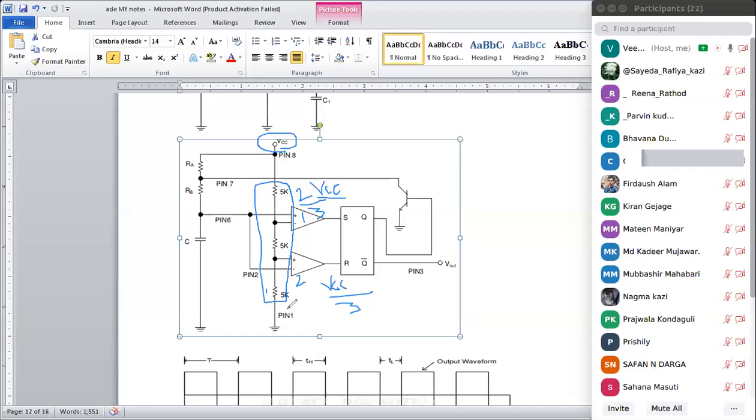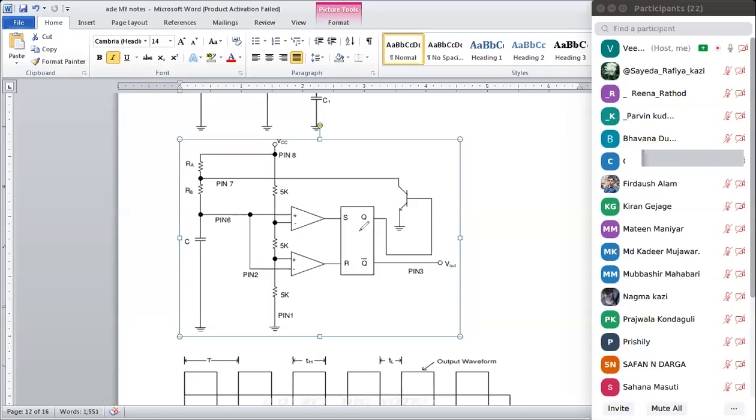So comparator 1 is going to generate 2 by 3 VCC, and comparator 2 is going to generate VCC by 3. Are you understanding? Yes, sir.